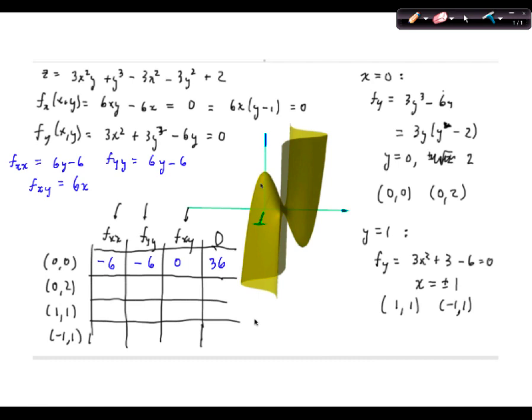And so remember what D greater than 0 means. D greater than 0 means either max or min. So how do we know what we have? We have to look at the second derivatives. If the rate of change is decreasing at a local max or min, which does it have to be?